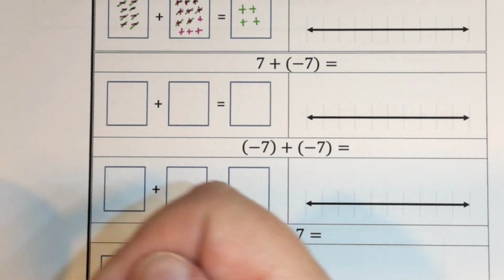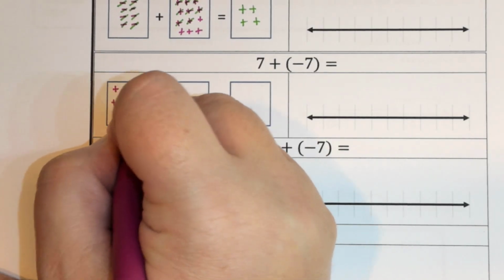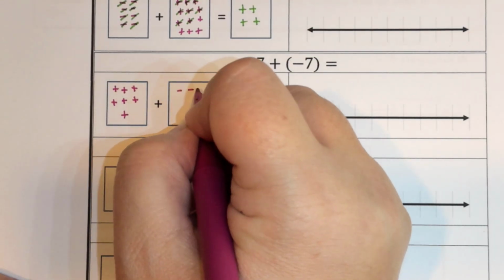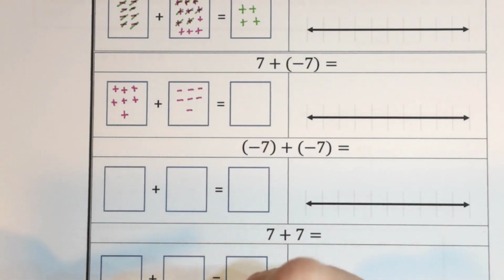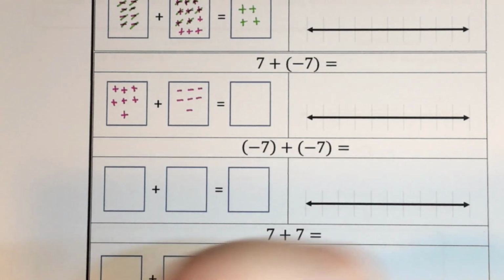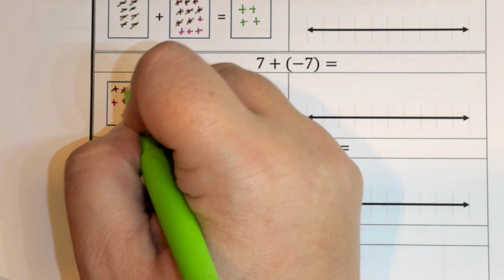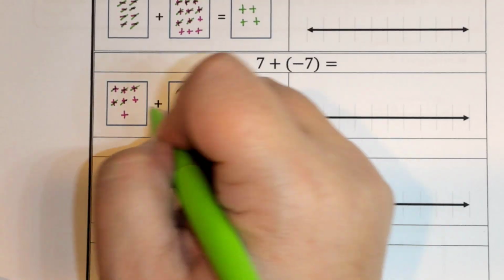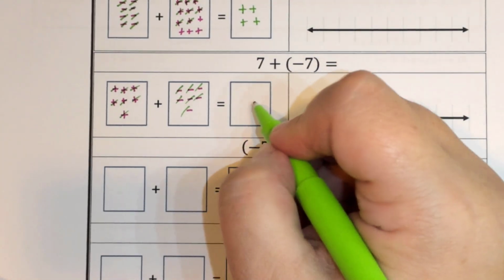Okay, positive 7. 1, 2, 3, 4, 5, 6, 7 plus 7 negatives. 1, 2, 3, 4, 5, 6, 7. I think you guys see where this is going. I don't have anything left.